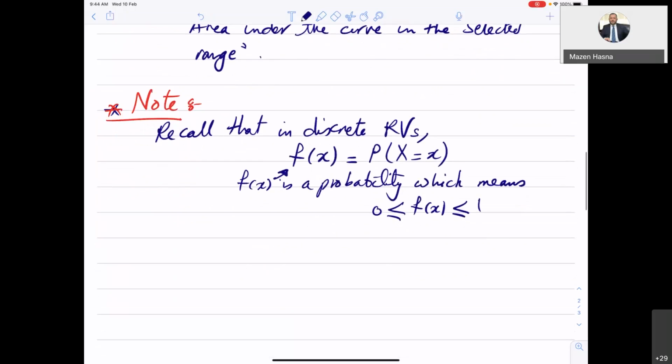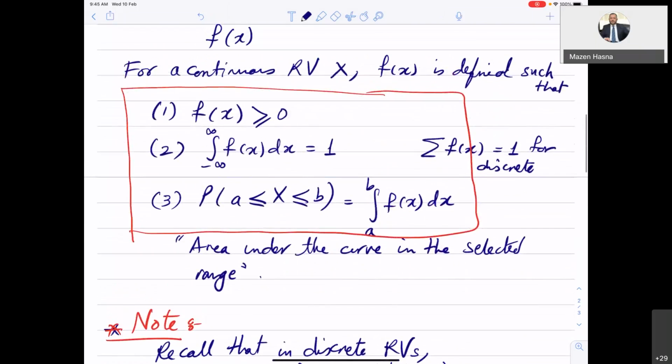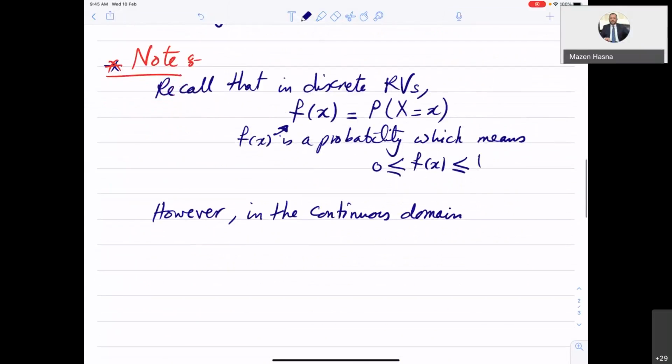However, in the continuous domain, I do not have a direct definition of f of x, that f of x equals something, right? So in the continuous domain, f of x is not really a probability.